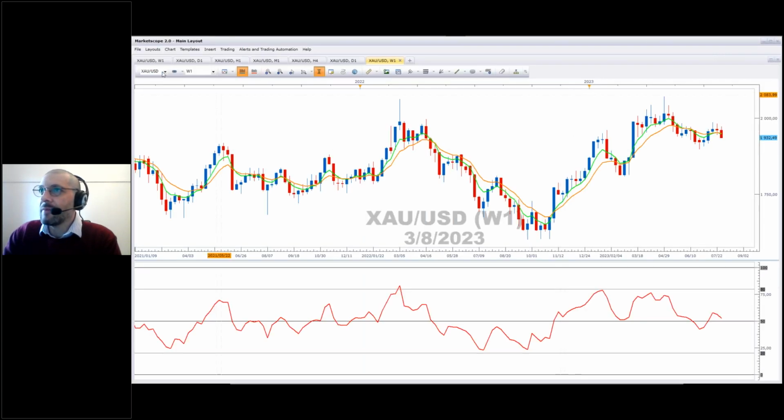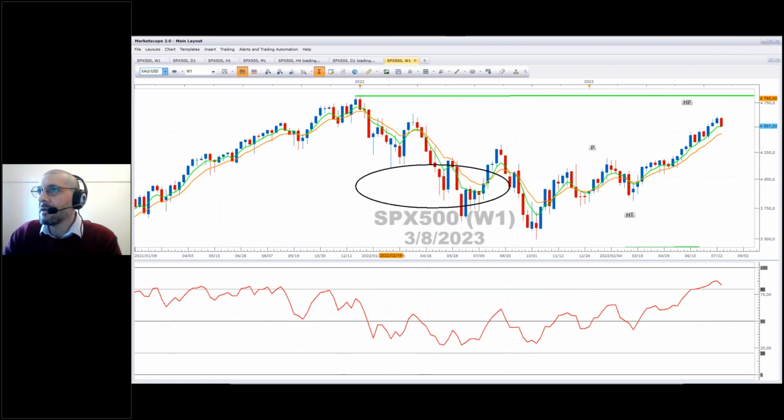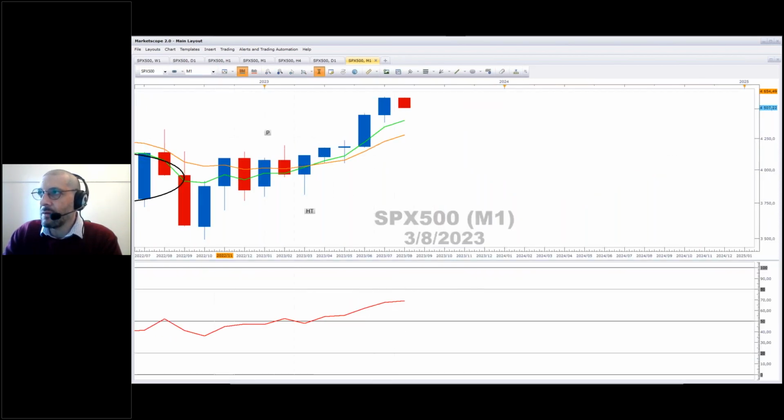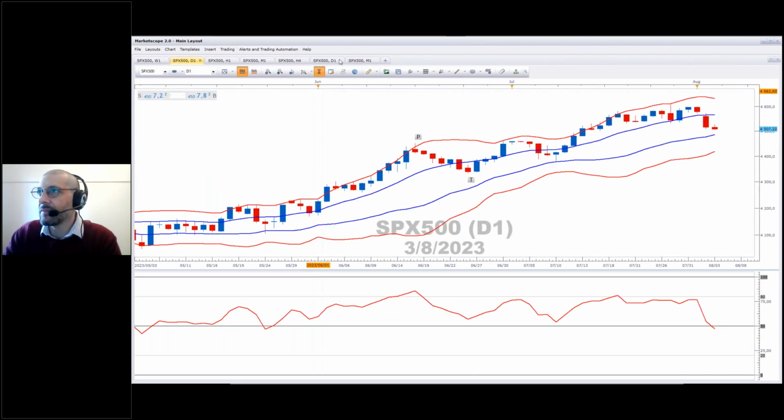Before we do gold, if we go back to the S&P 500, we do a top-down analysis. We've got a bull trend here, and some red, something potentially exploitable.